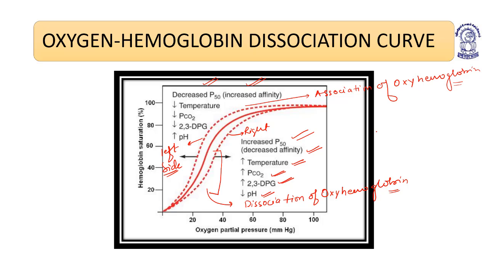Because when CO2 is more, there is more formation of carbonic acid, H2CO3, which will make the blood acidic and decreases the pH.